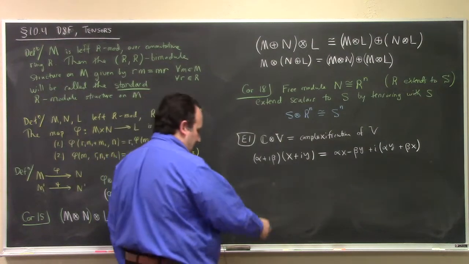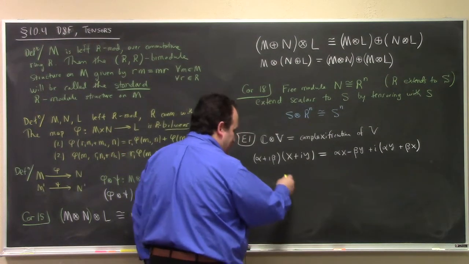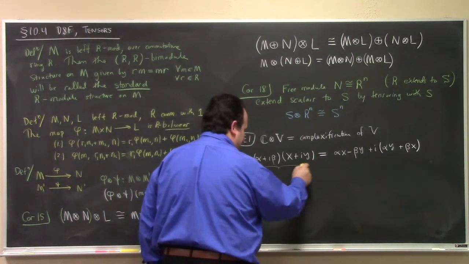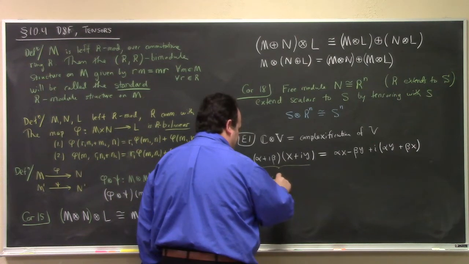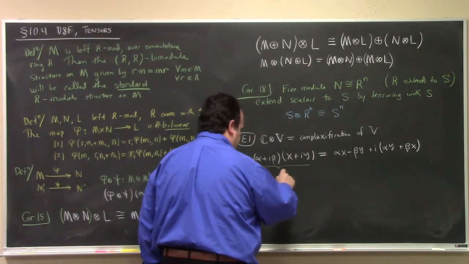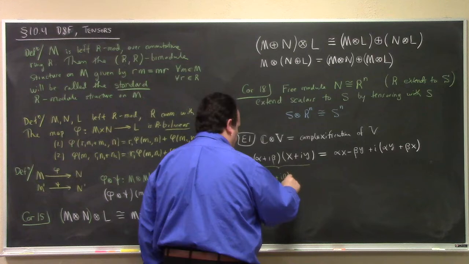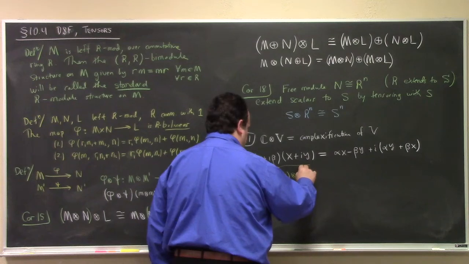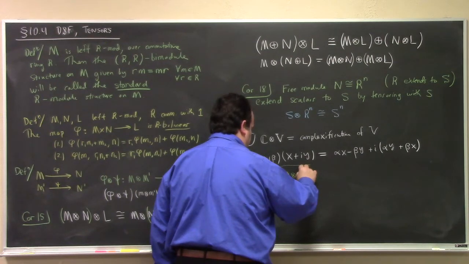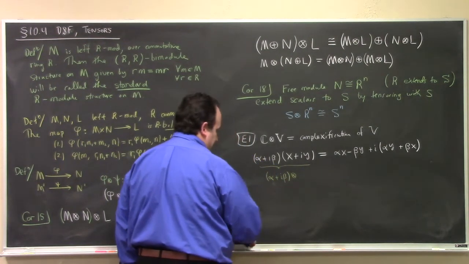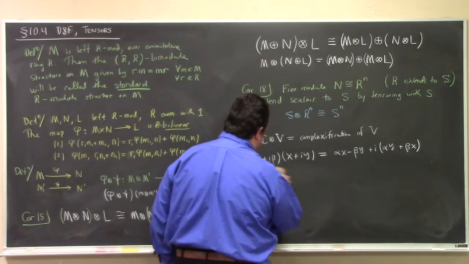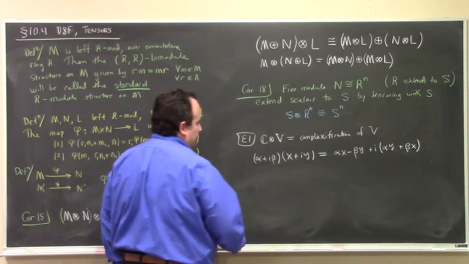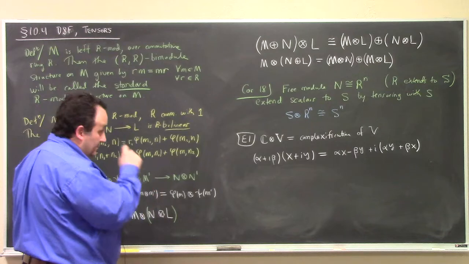It's just that no one wants to write this, I mean, technically you should write it like this, right? Alpha plus i beta tensor with, I guess, x plus iy. Well, I don't know. Let me not get into the weeds here, but that would be one example.